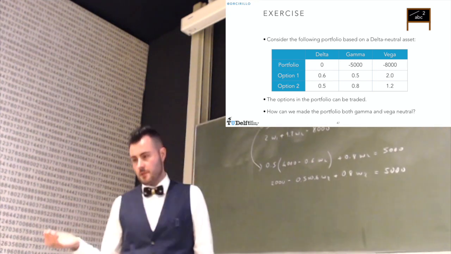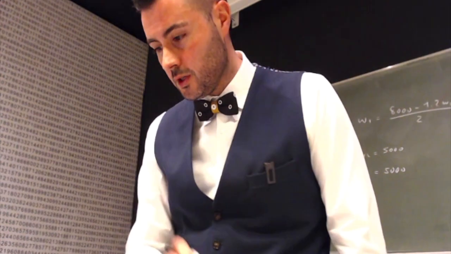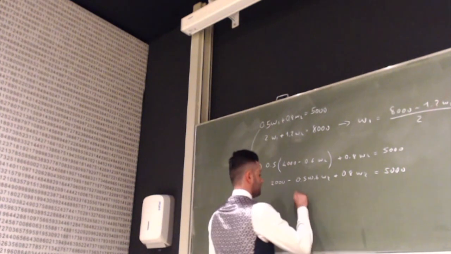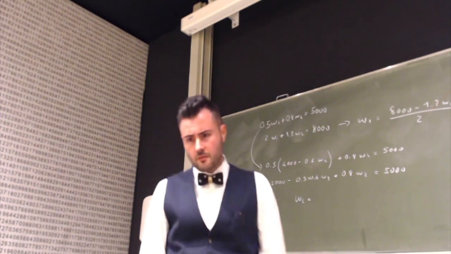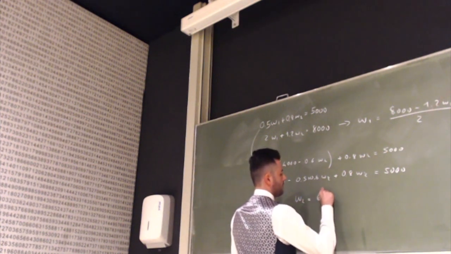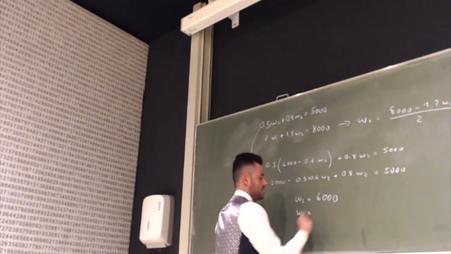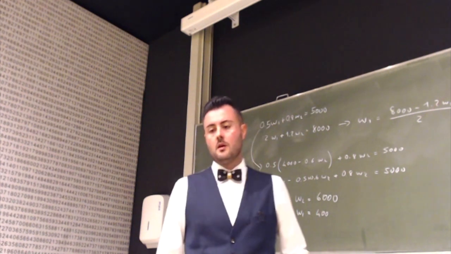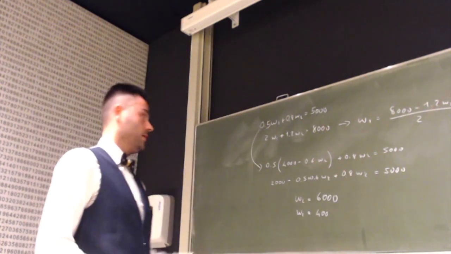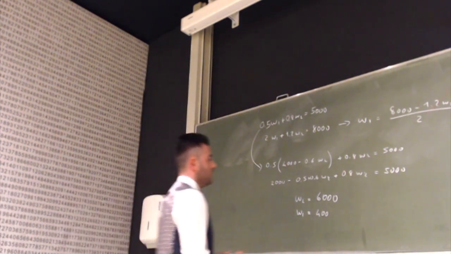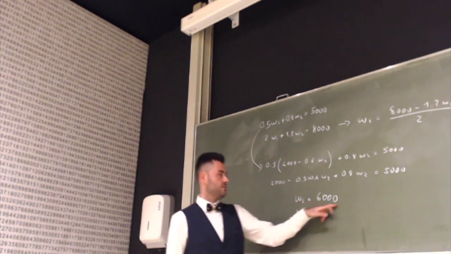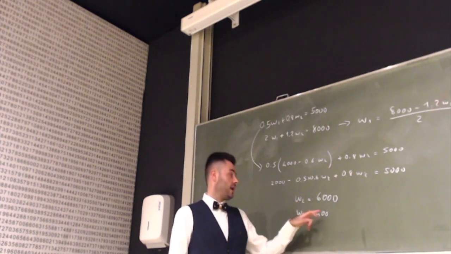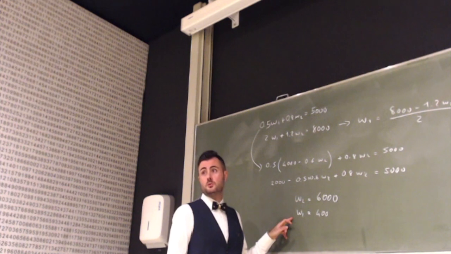And since I'm extremely lazy and already did my computations before, I can already tell you that W2 is equal to 6,000 and W1 is equal to 400. Now, these quantities are positive. What does it mean? It means that I have to buy 6,000 units of the second option and 400 units of the first option. Okay?